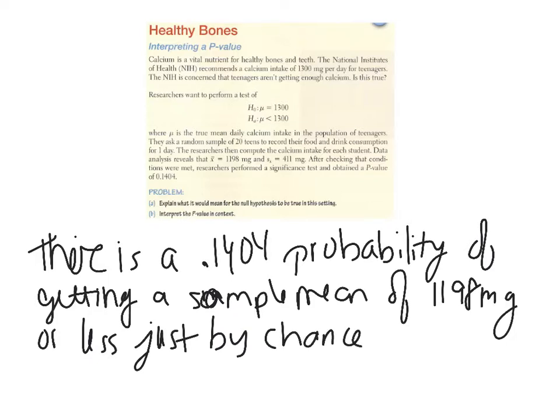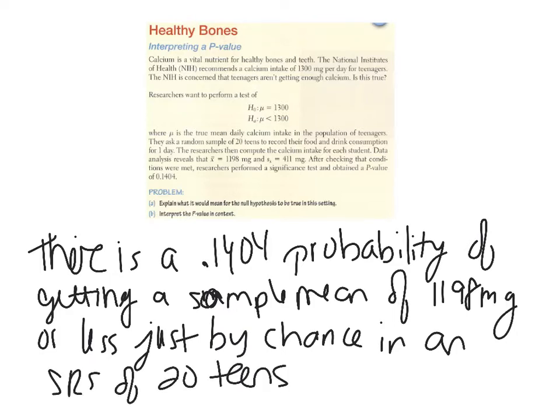So again, I've got this probability telling me that if I took a sample of 20 teens, the probability that I'm going to get a value of calcium intake that is 1,198 or less is 14%. That to me sounds kind of high.